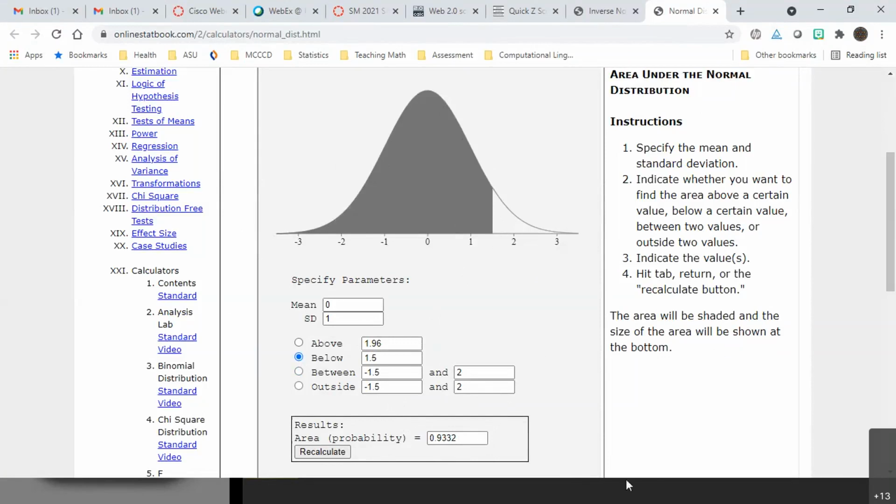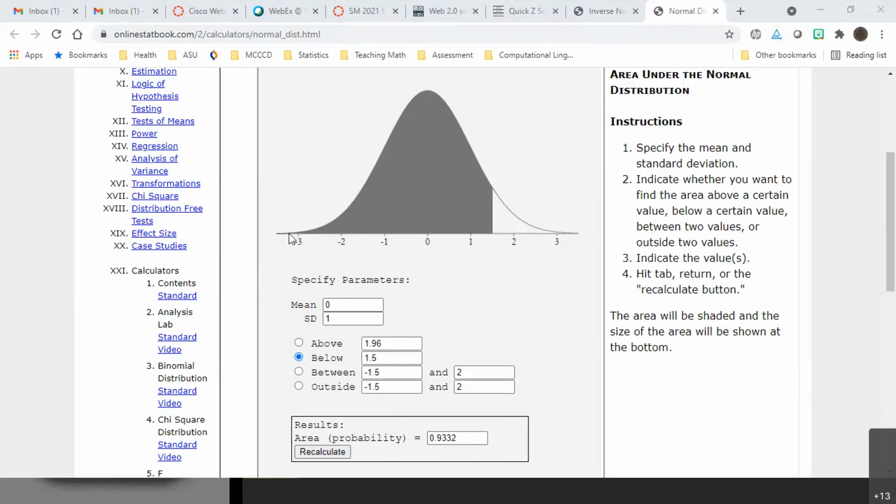You get the same value. So no need to fake negative infinity in the online calculator. It's easier to use in that regard.